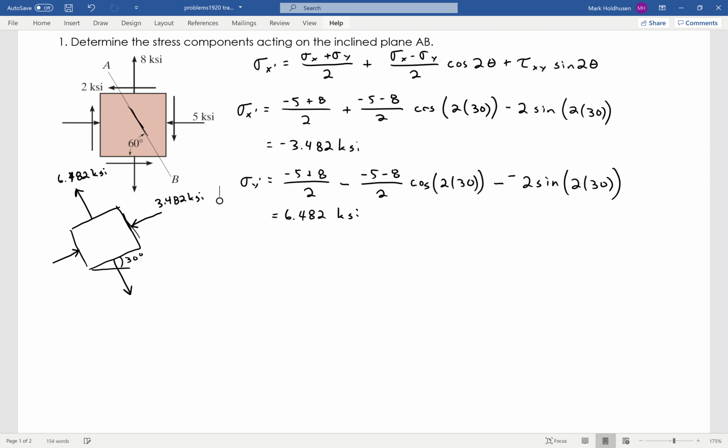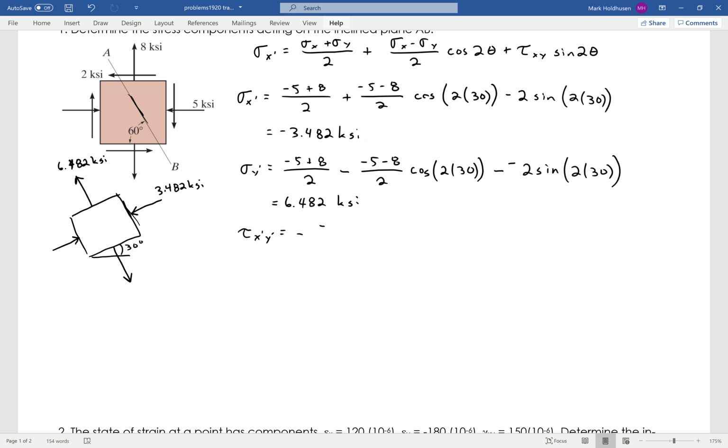So just reorienting my axes, I can find what the stresses are along those directions as opposed to the horizontal and vertical that I'm given. Now I can find my new shear stress, tau x prime y prime, and again, it's just a plug and chug equation here. Sine of 2 times 30, plus -2 cosine.